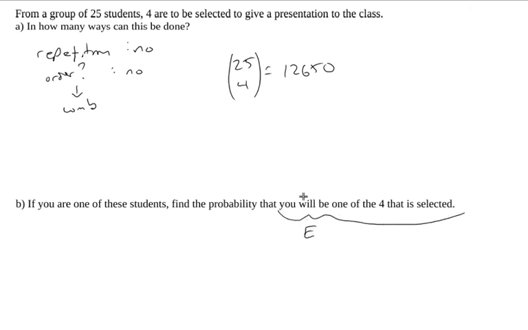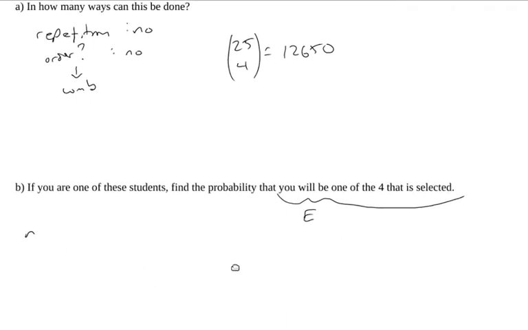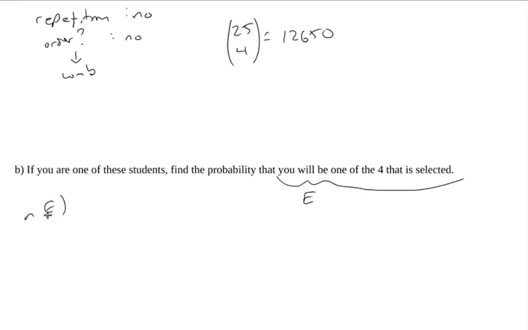I'm going to call that event E. So I need to figure out the number of ways that this could happen, n of E. For each way you can be selected, there are a certain number of ways the rest of the people can be selected. Of course, there's only one way you can be selected, so that's just a 1. But for the remaining people, there are 24 people remaining in this class, and 3 others will be selected. So this would be 24 choose 3.